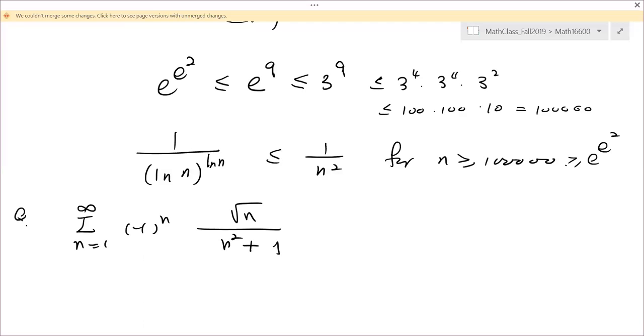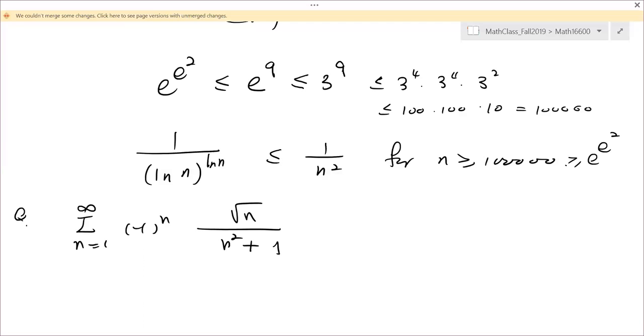All right, for this problem, I have at least 2 methods I can apply to prove this is convergent. The ratio test and root test do not work, because there's no exponential here and no n factorial term here.